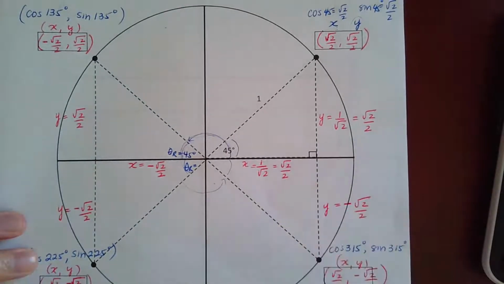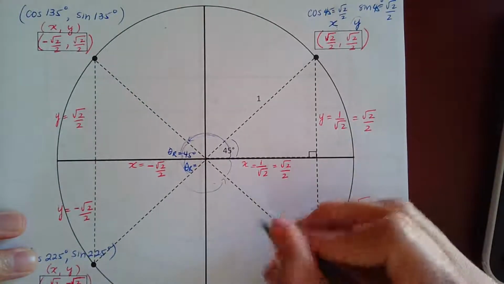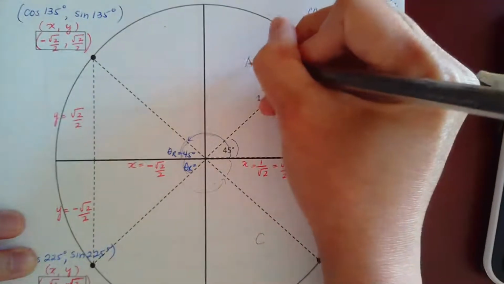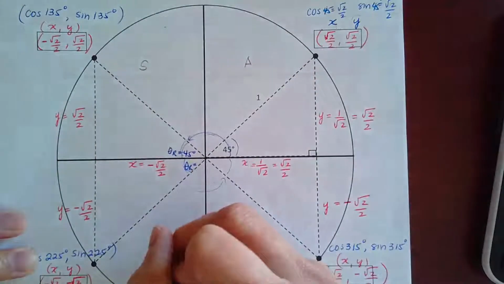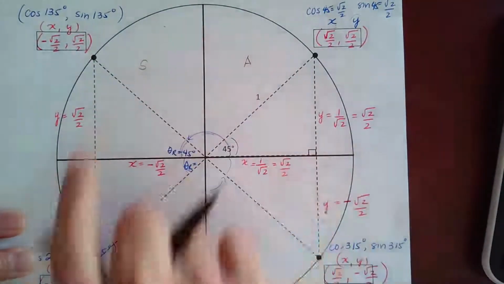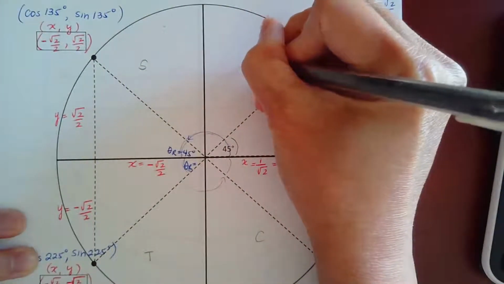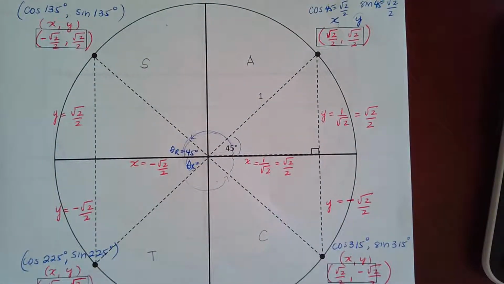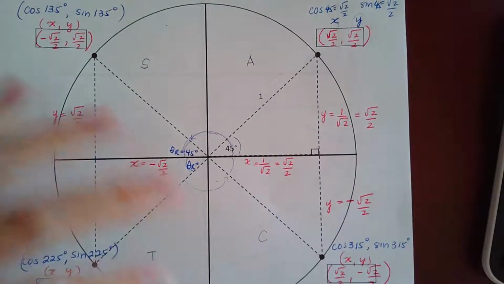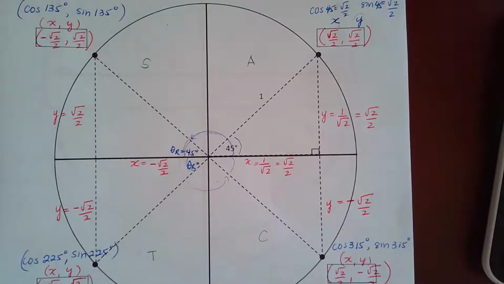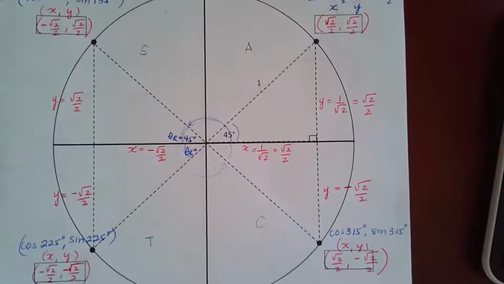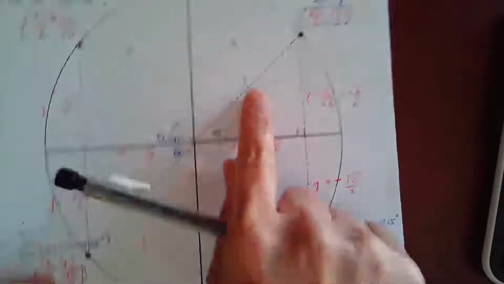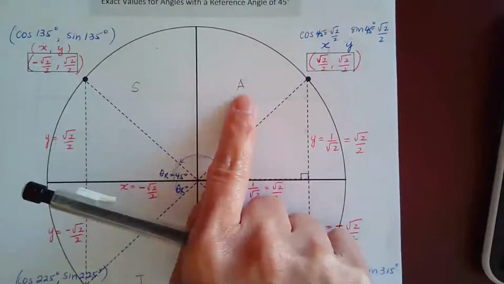So remember in CAST, C, A, S, T. This is a really nice acronym to help us out with figuring out our solution, because later on we're going to talk about solving trig equations. So over here, let's start off with this one.